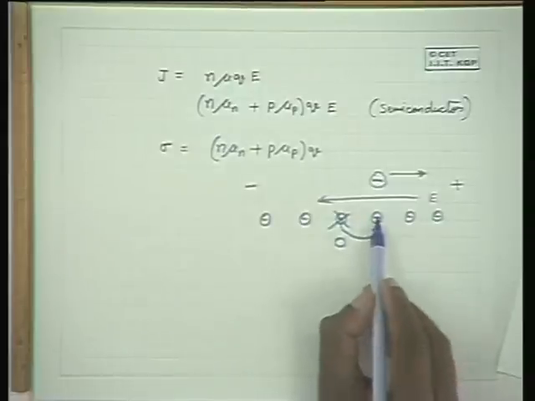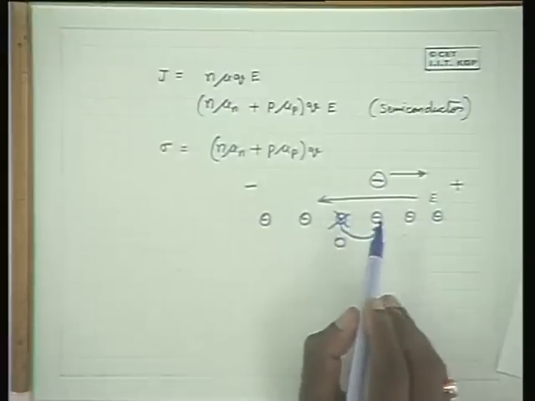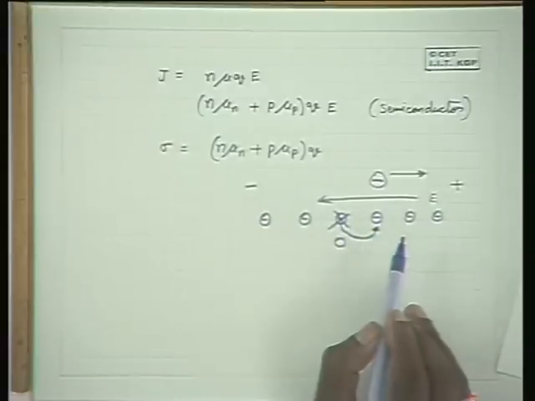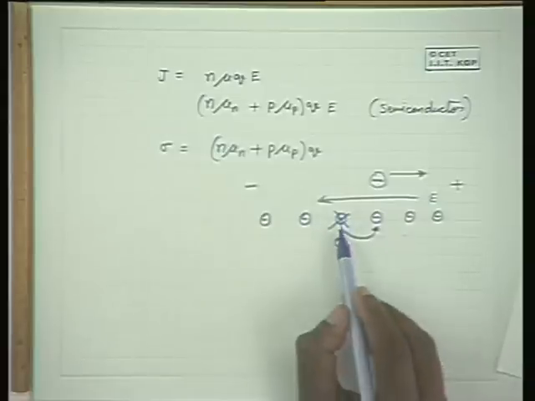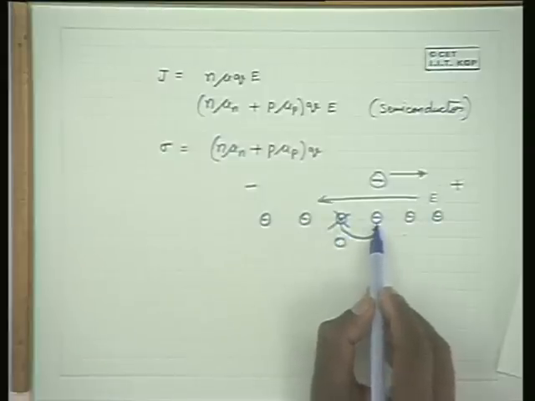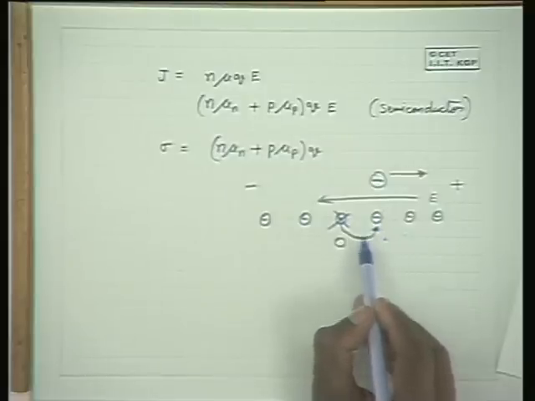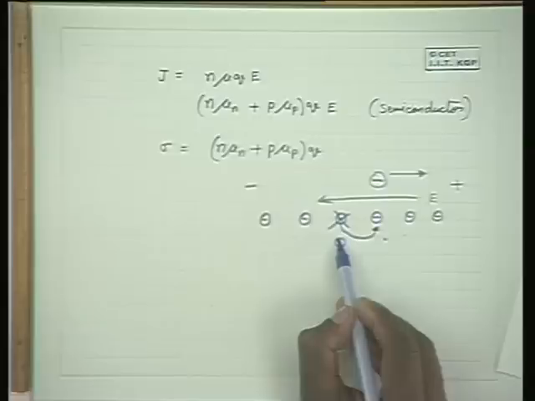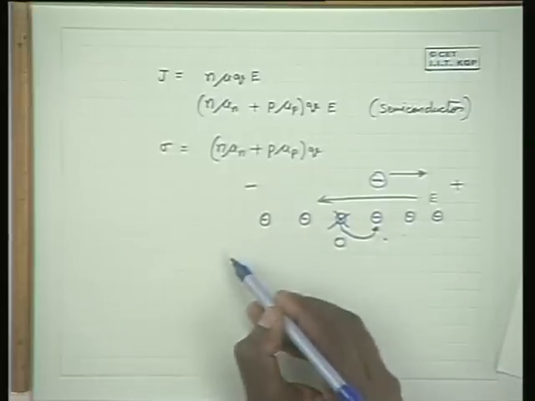Because the hole is in the covalent bond and other electrons are also in covalent bonds themselves, they are almost at the same energy level, and it is easy for an electron from an adjacent covalent bond to jump into this, and in the process effectively this hole moves to this side. Therefore the holes also travel in the direction of the field.